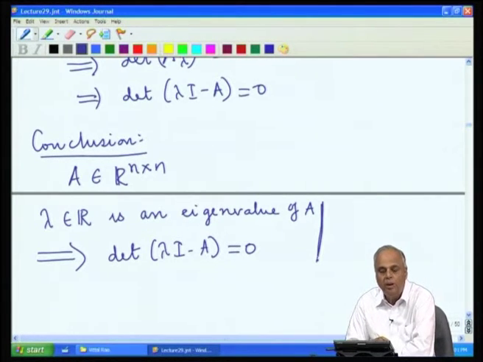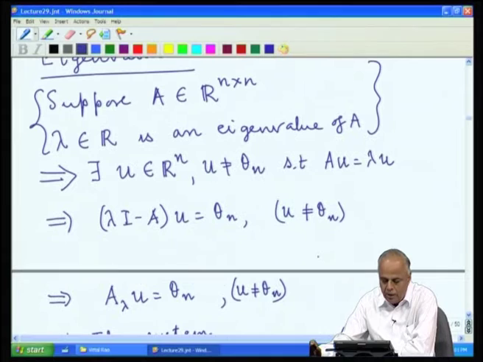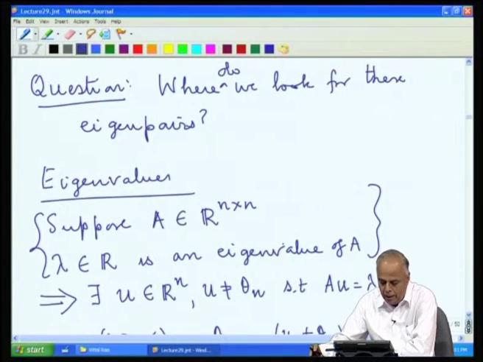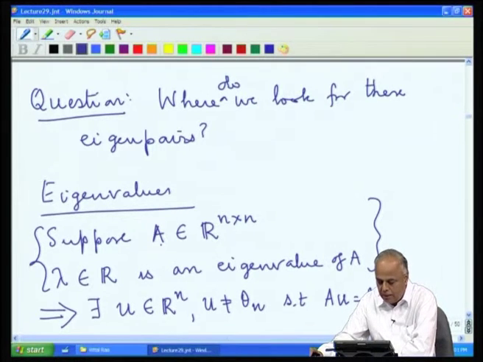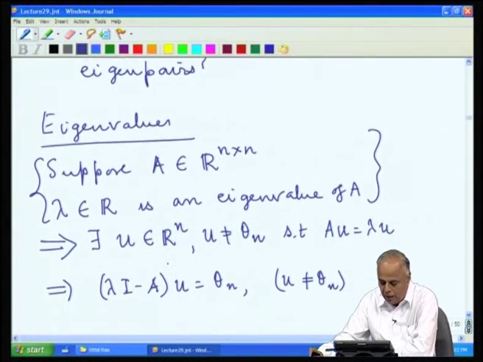This is our conclusion of the above discussion. Let us go through this argument again. We said that suppose A is an n by n matrix, then if lambda is an eigenvalue, there is a u such that u is not 0 and A u is lambda u. This implies (lambda I minus A) u equal to theta n.